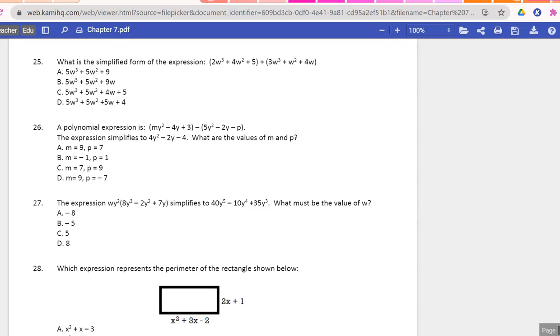Just like the last couple that we've done with mystery numbers, simplify this like you would simplify it. So get rid of your parentheses, change your signs in your second set. So my squared minus 4y plus 3 minus 5y squared plus 2y plus p.